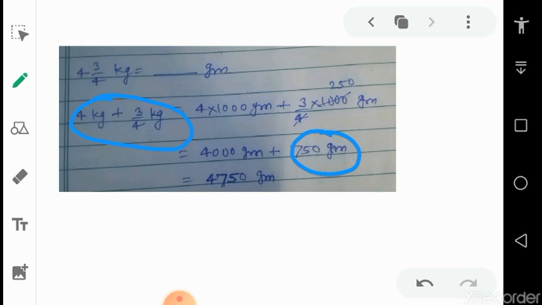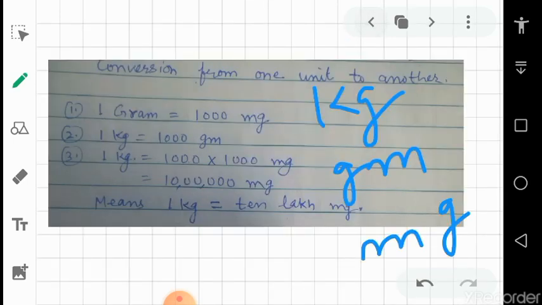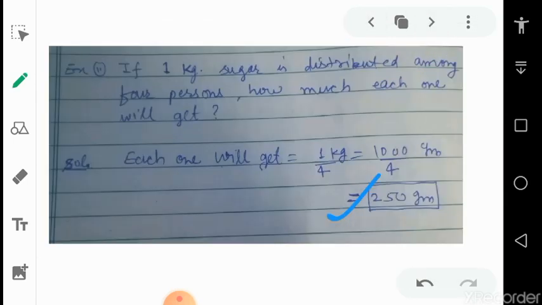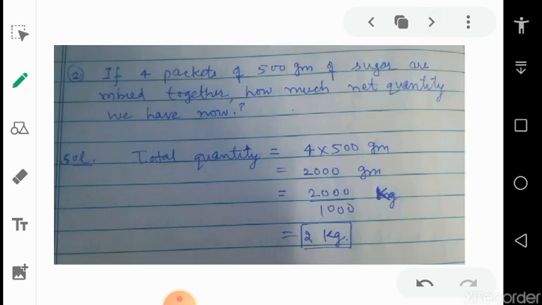Again I want to let you see these examples. See this one. If 4 packets of 500 gram each of sugar are mixed together, how much net quantity do we have now? So net quantity means the total quantity. If we are collecting or gathering some objects, it means we will have some bigger or larger quantity.